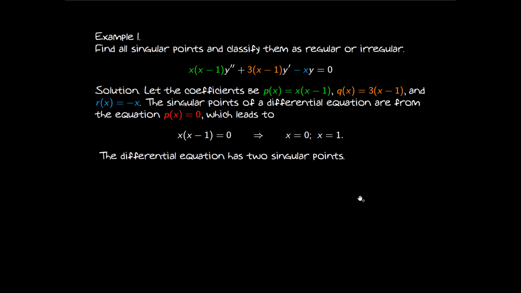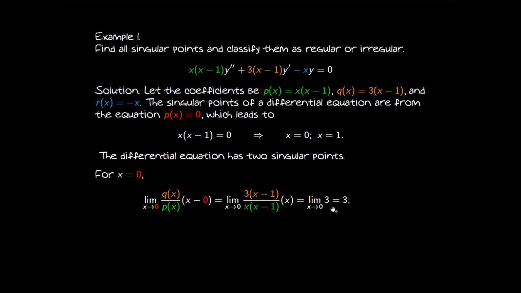And to determine whether or not each singular point is regular, we need to check two limits. So for the first one, x is equal to 0. We need to check Q over P, the corresponding coefficients, and then times x minus the singular point 0, and then you take the limit for x approaching 0.